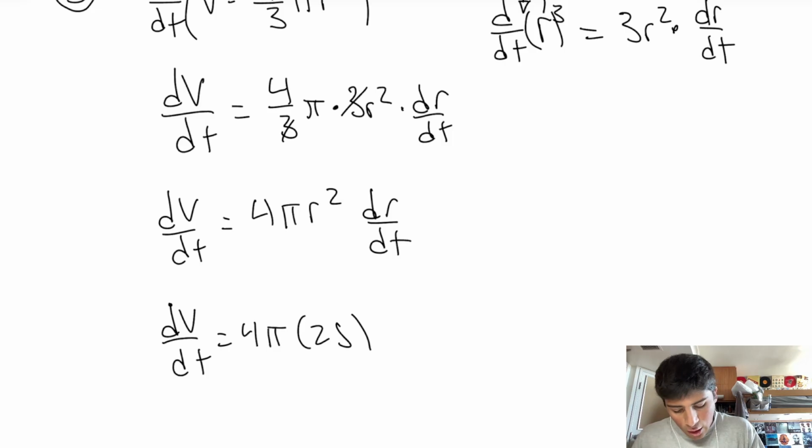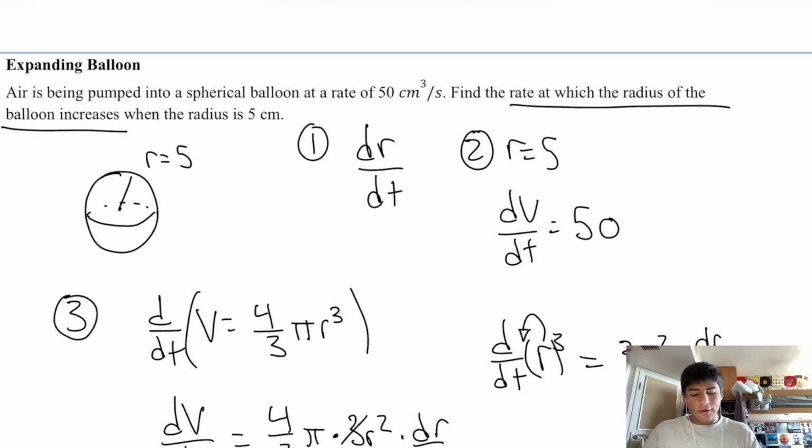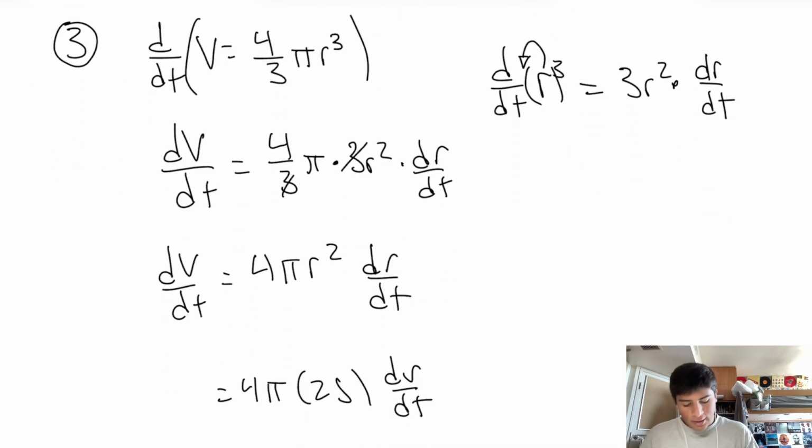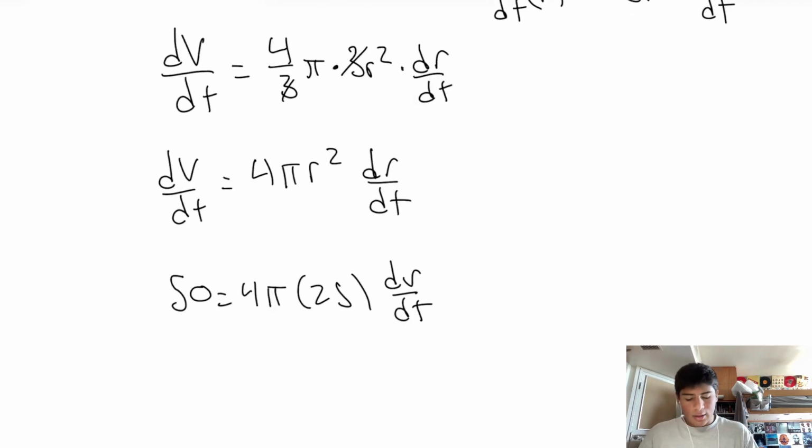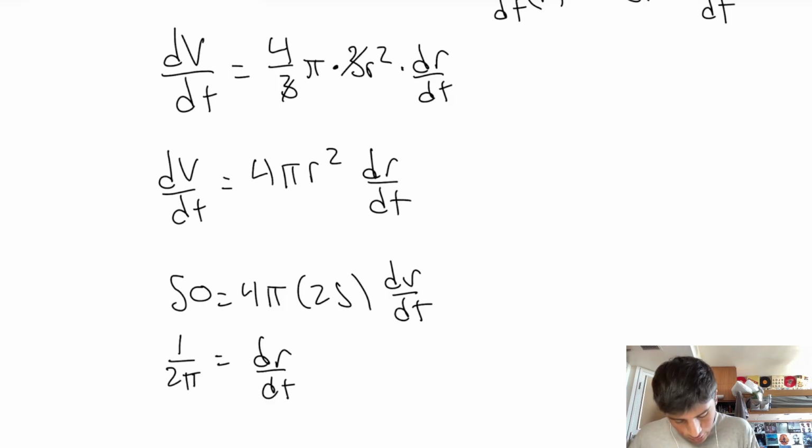We want to find dr over dt, and we know dV over dt equals 50. After we manipulate this a little bit, we get 2 over 4 pi, which is 1 over 2 pi, equals dr over dt.